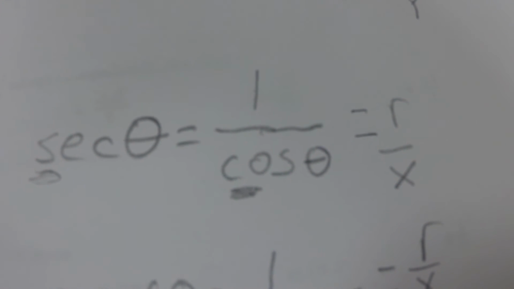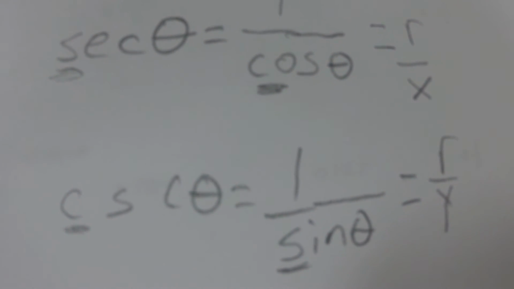But we just said secant was r over x. This one is false, hence it is the correct answer. Woo! We got the answer. It's D. r over y is actually cosecant, not secant.